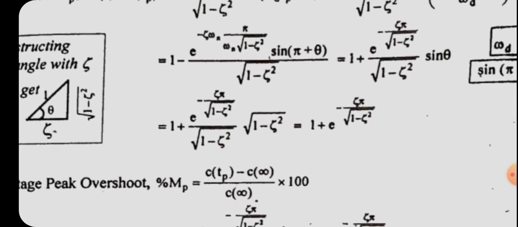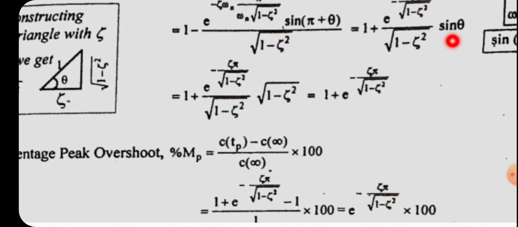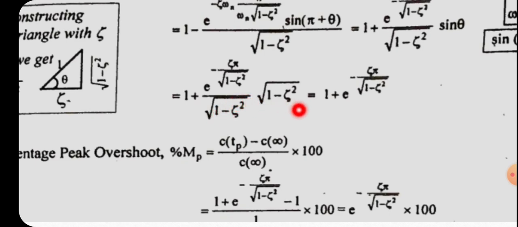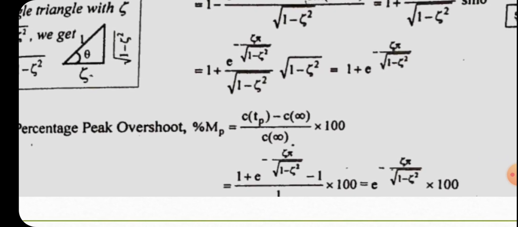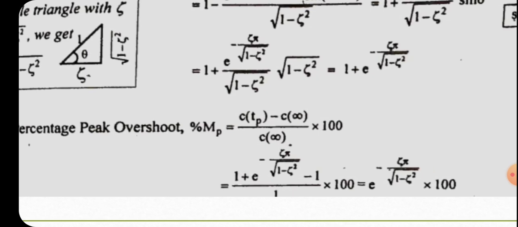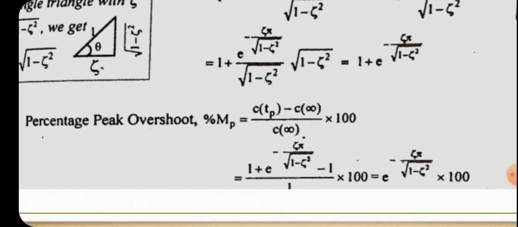So instead of sin theta we substitute square root 1 minus epsilon square, and the 1 minus epsilon square terms get cancelled. So we get 1 plus e raised to minus epsilon pi divided by square root 1 minus epsilon square. This is the value of the maximum overshoot, the peak overshoot.